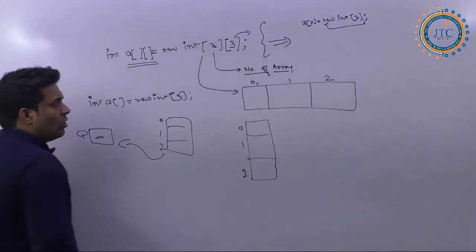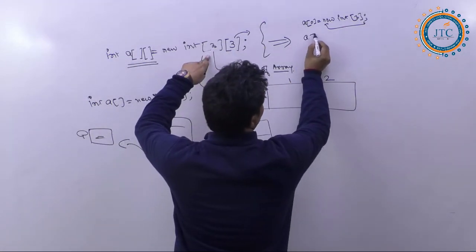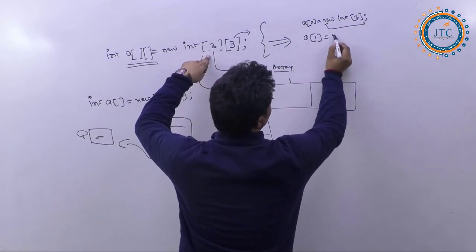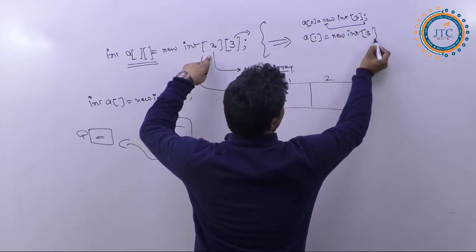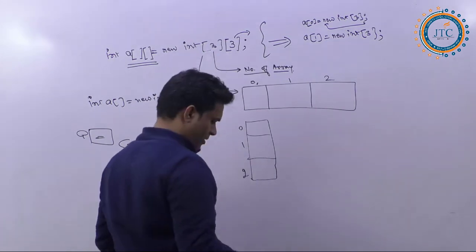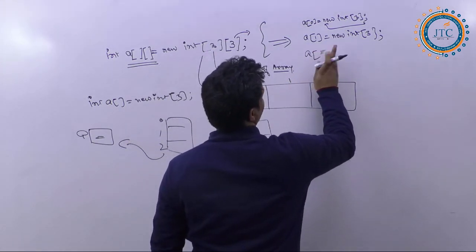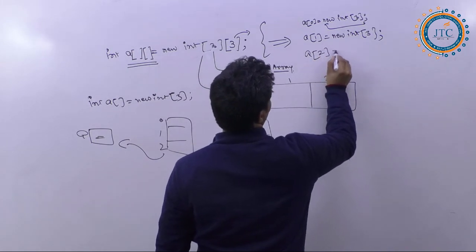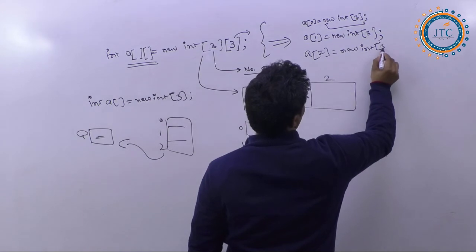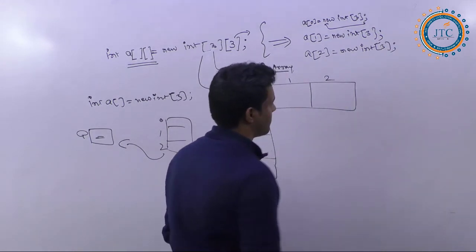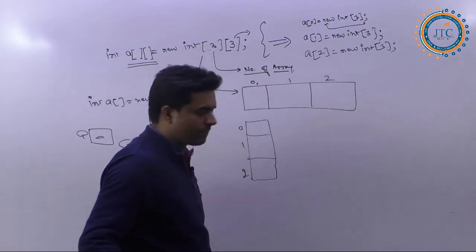So now, this can be written like this also: a of 1 is equal to new int of 3. Same again, a of 2, inside this now int of 3 I am writing here. This array representation as such I am doing here.